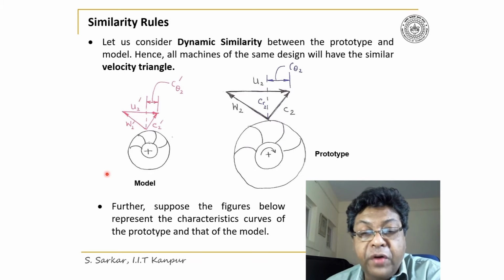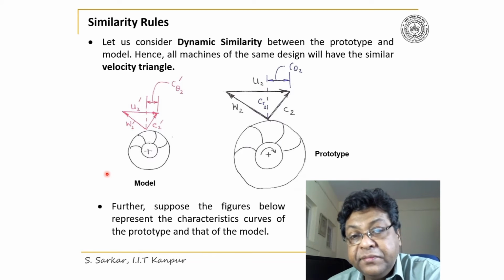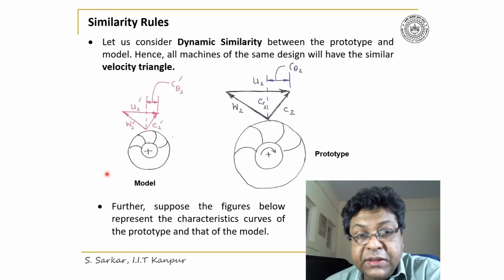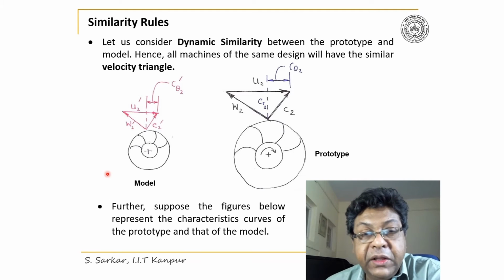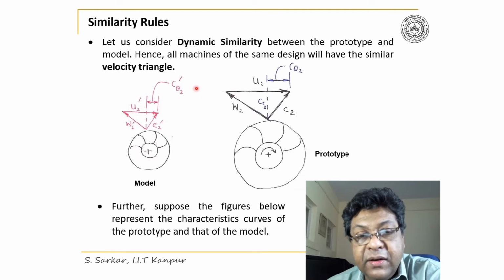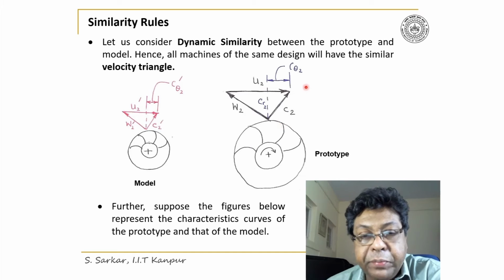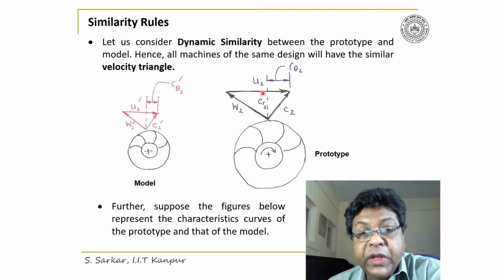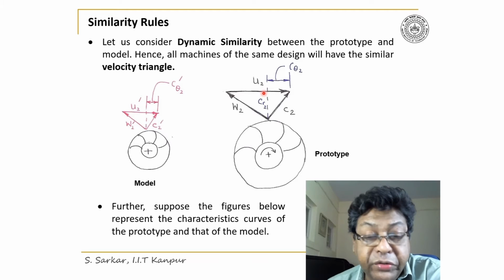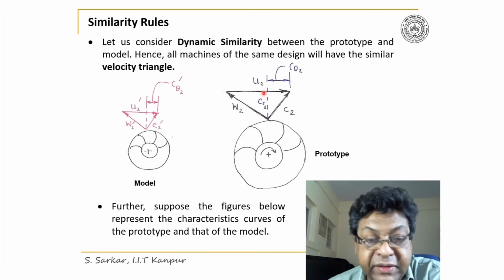To discuss further, I have considered a model and a prototype which are dynamically similar machines, and the machine of same design. Thus, definitely they will have the similar velocity triangle. So the exit velocity triangle of the model, and that of the prototype, are similar triangles. That means the ratio of corresponding velocities would remain invariant.